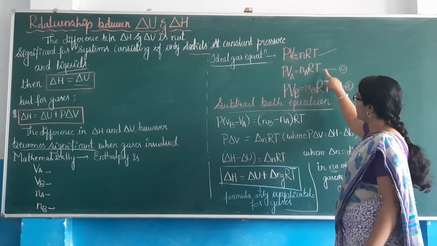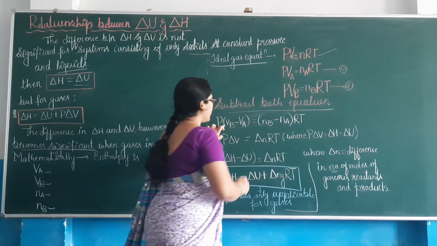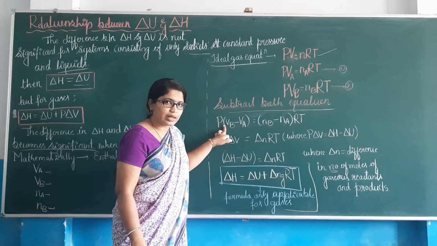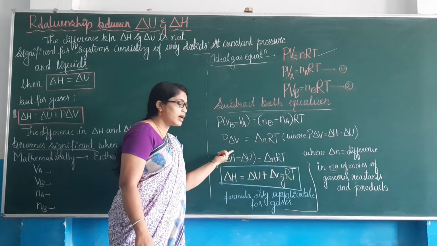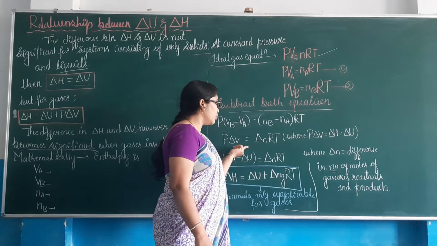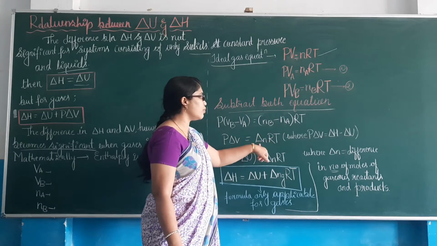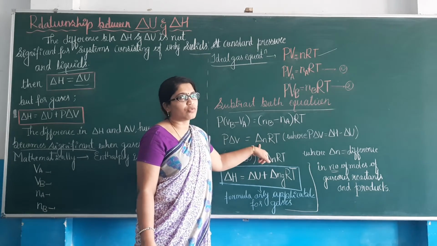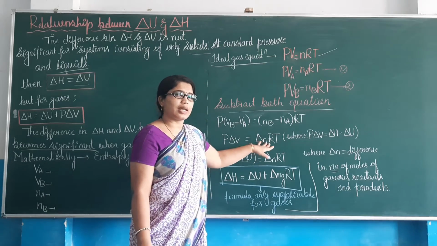Then I have RT. So here VB minus VA, products side, this is final volume, this is initial volume. Change in this volume will be written as delta V. This we know already. So P delta V is equal to Nb minus Na, in the sense we can consider it as change in number of moles of gaseous particles. That will be directly written as delta nRT.